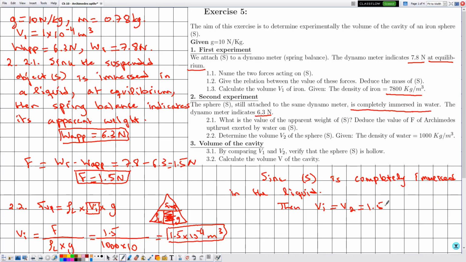So V2 is equal to 1.5 times 10 to the power minus 4 meter cube.